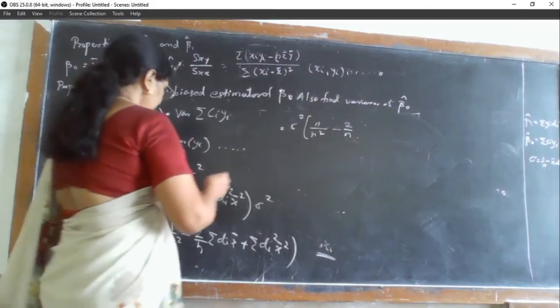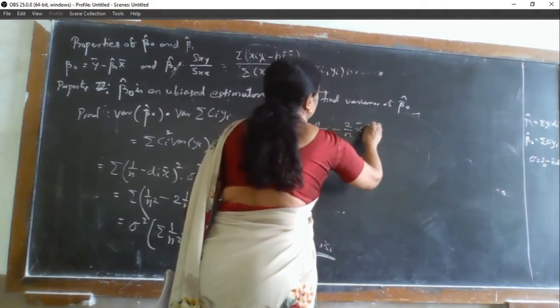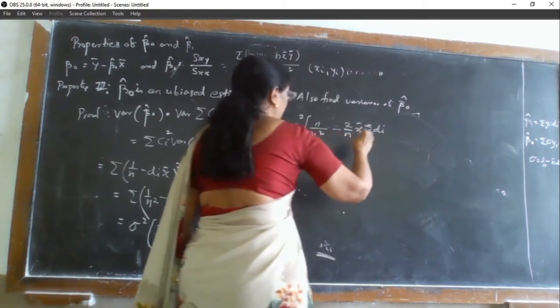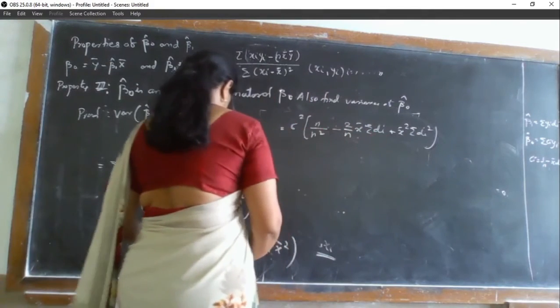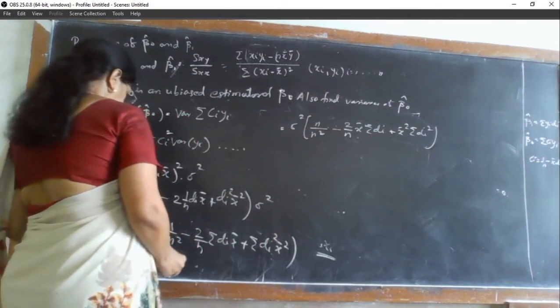So 2 upon n into x bar summation of di plus x bar square summation of di square. Okay.